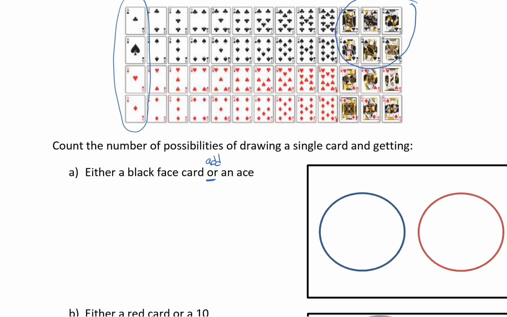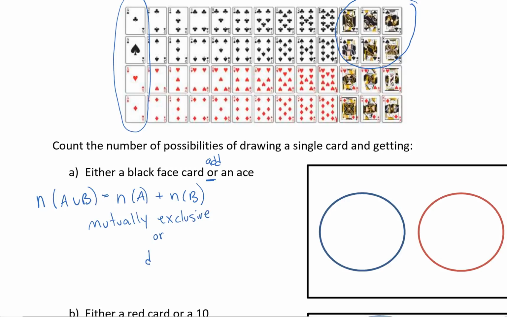Okay, so the number of A or B, remember our rules, is the number in A plus the number in B. Instead of or, I could have said union, right? That means mutually exclusive or disjoint.